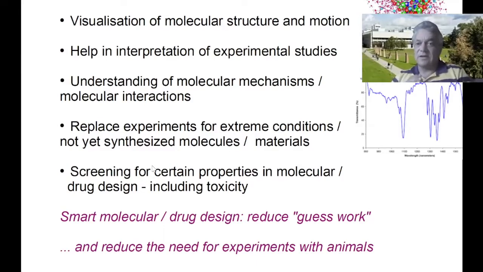It is used for screening certain properties in molecular or drug design, including toxicity, because in simulation it is much easier to create molecules of a certain structure, test the properties and then decide whether we should proceed with it or not. So computer simulations, in this sense, reduce guesswork in material or drug design. And if we think further, they can in principle also reduce the need for very expensive experiments, or experiments which can be a matter of concern, like experiments with animals.